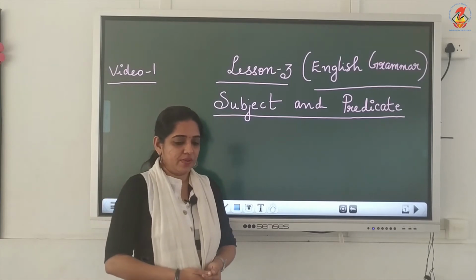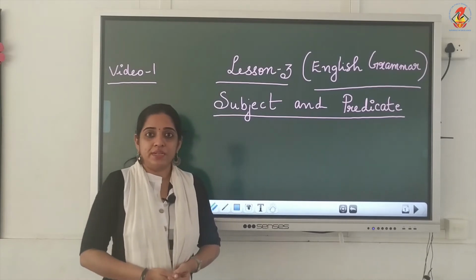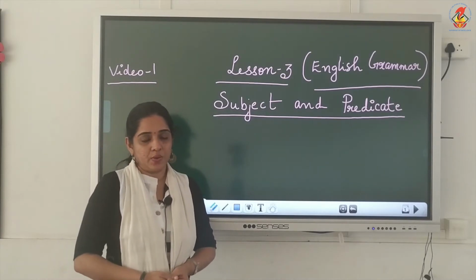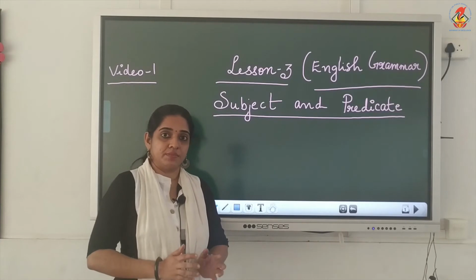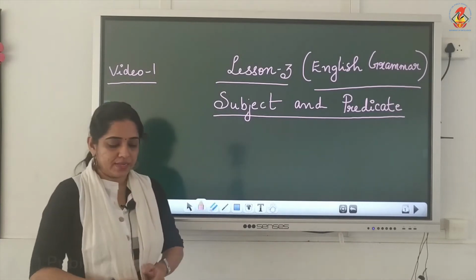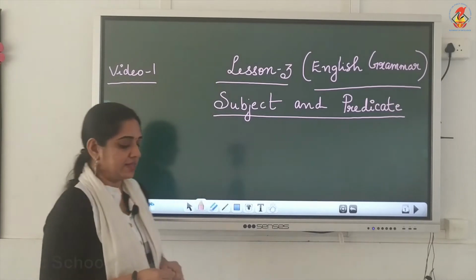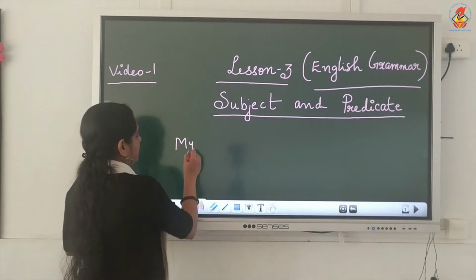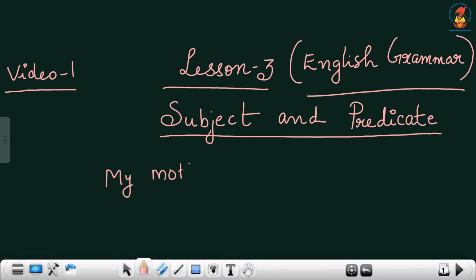Okay, now coming back to our third lesson, subject and predicate. Let's see what a subject is and what a predicate is. So just see the sentence: My mother bakes a cake.